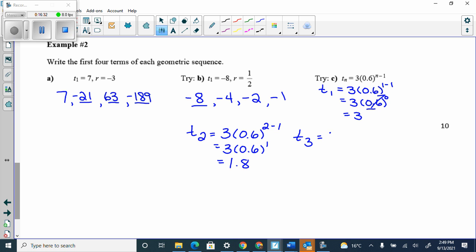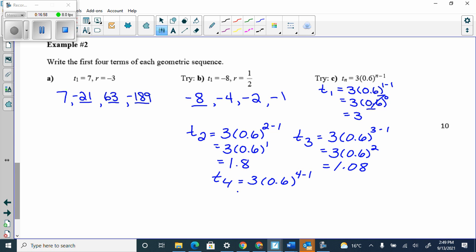Term 3 is 3 times 0.6 to the 3 minus 1, which is 3 times 0.6 squared, which is, I don't know, my brain stopped at that. 1.08? And then term 4. Sorry, what's it? 0.648.